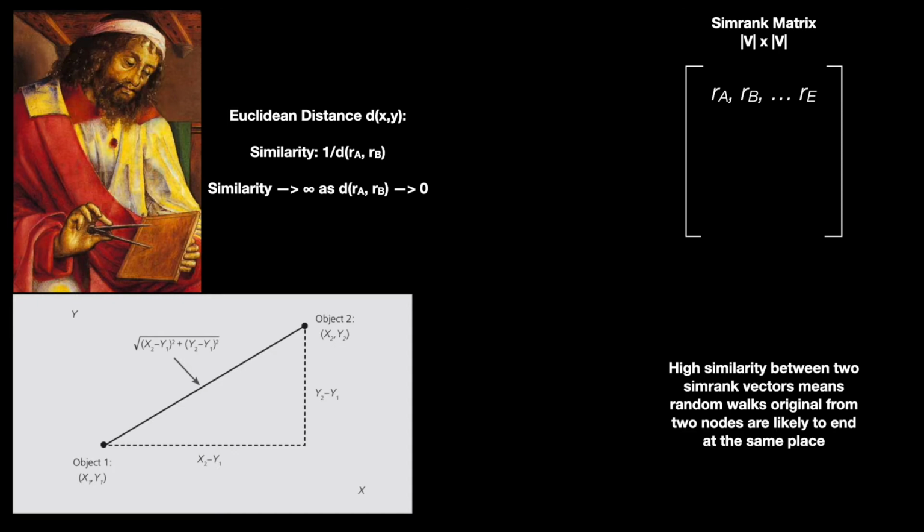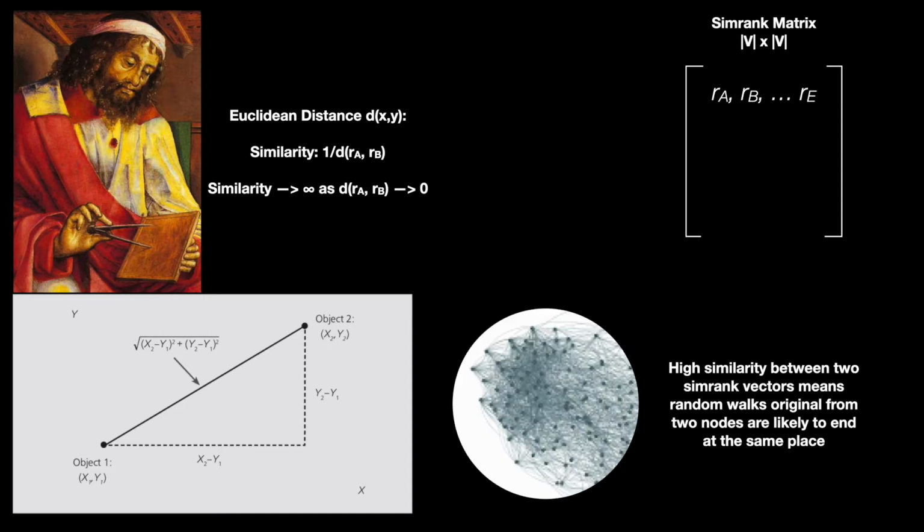So using Euclidean distance, we can measure the similarity, or the inverted distance, between two SimRank vectors. And that tells us that two nodes with very similar SimRank vectors, or two nodes whose SimRank vectors have very low distance, are likely to come from the same cluster or the same group of nodes in the graph.